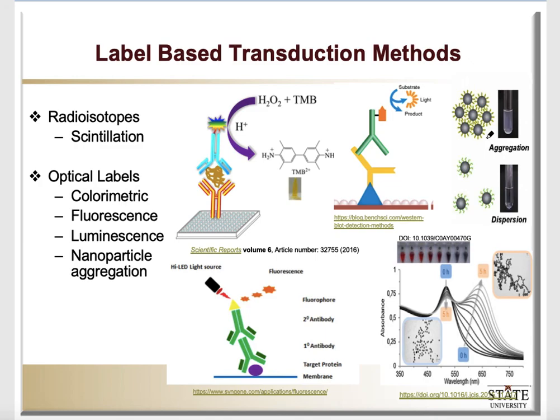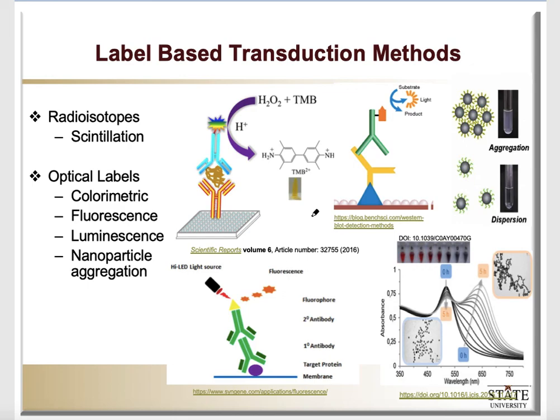But if the nanoparticles aggregate into aggregates that are larger than the wavelength of the light, then they're going to scatter the light and appear cloudy. So this could also be detected with an absorption spectrometer, but it could even be detected by eye, as you can see here, from a clear to a cloudy suspension.